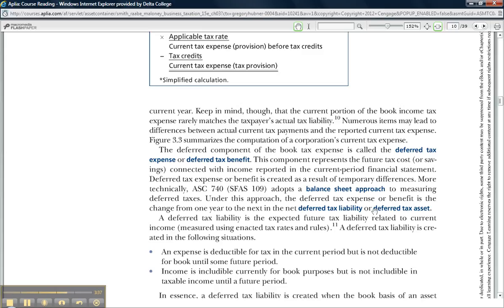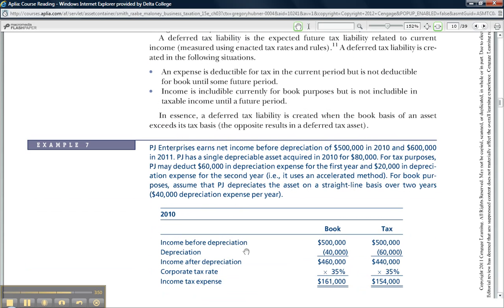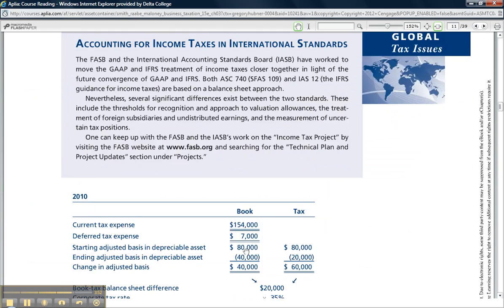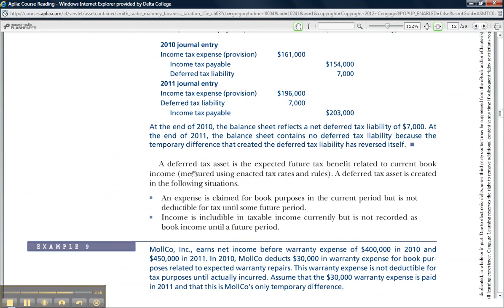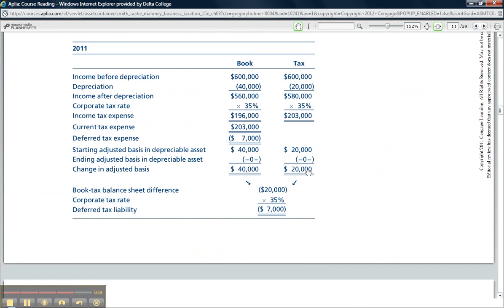And because of the matching principle, we have to record the effect of that future reversal in the current year. Okay? There are some situations where deferred tax liabilities are created, and there are also some situations where deferred tax assets are generated. I'll talk through this example in the next slide, next video.